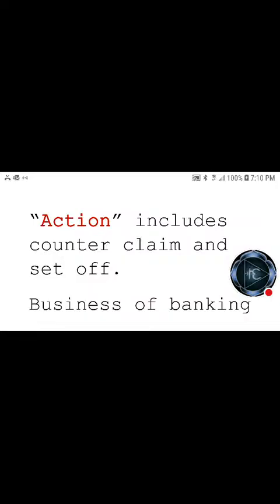Okay. And then in other states like Texas, they don't allow that. For a credit card company to do that, it's illegal anyway. So Texas doesn't allow that.